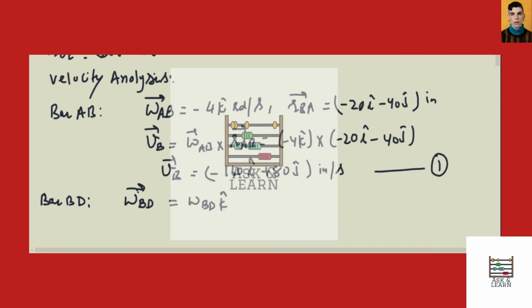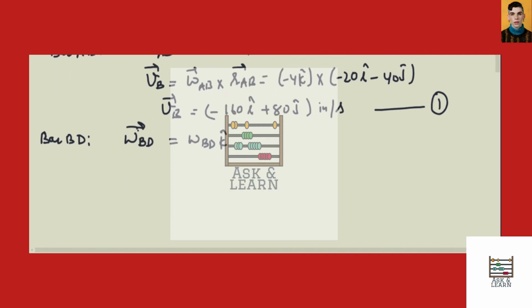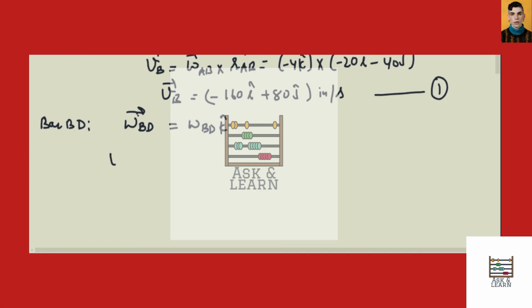So the velocity of D you may write as the velocity of B plus omega BD cross R_DB vector. The velocity of B we have already calculated.